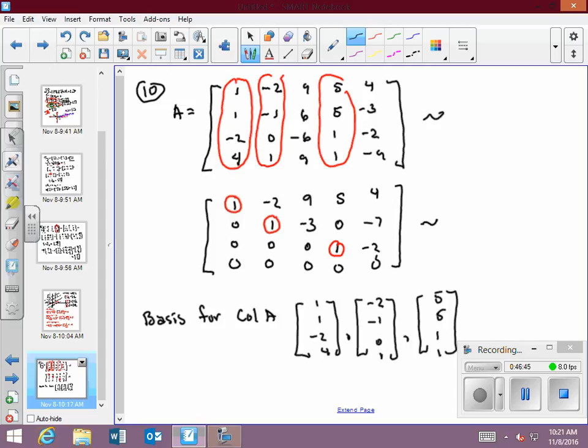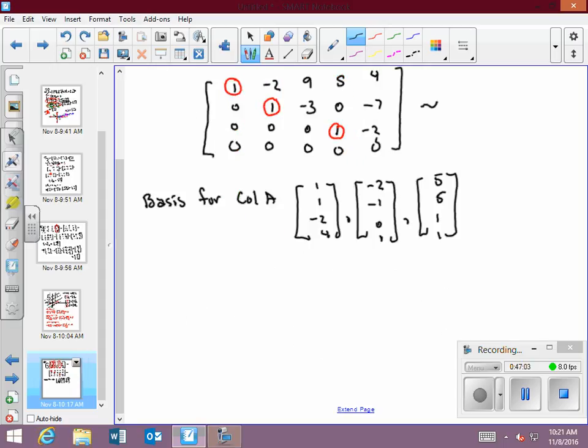Because you have 3 pivots, and the other 2 are going to be free variables. Okay. So I have to go along with this.